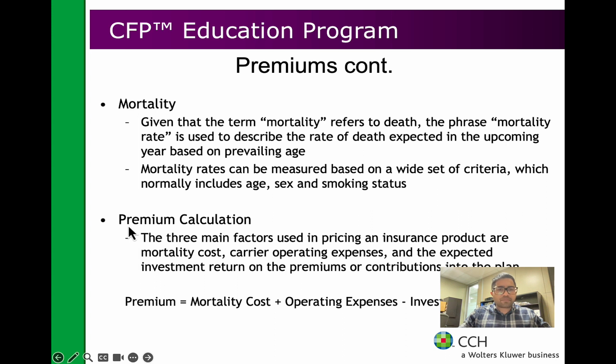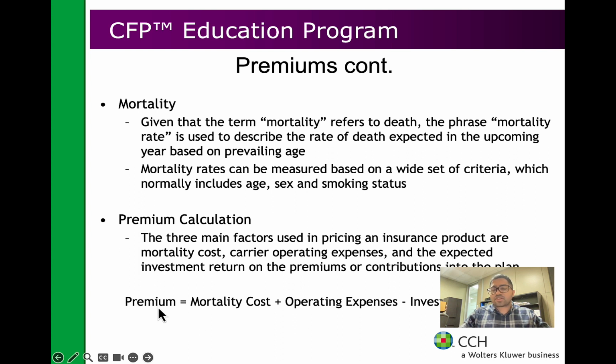So the premium for an insurance policy is contracted using this formula. The three main factors used in pricing of an insurance product are mortality cost, the carrier's operating expenses, and the expected investment returns on the premiums or contributions into the plan.